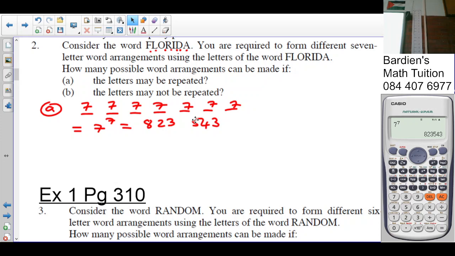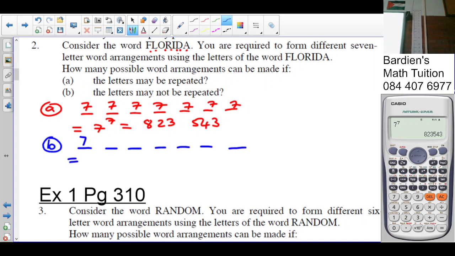Look at the next one, D. The letters may not be repeated. So here, again, 7 bits. How many options do I have on the first bit? 7.